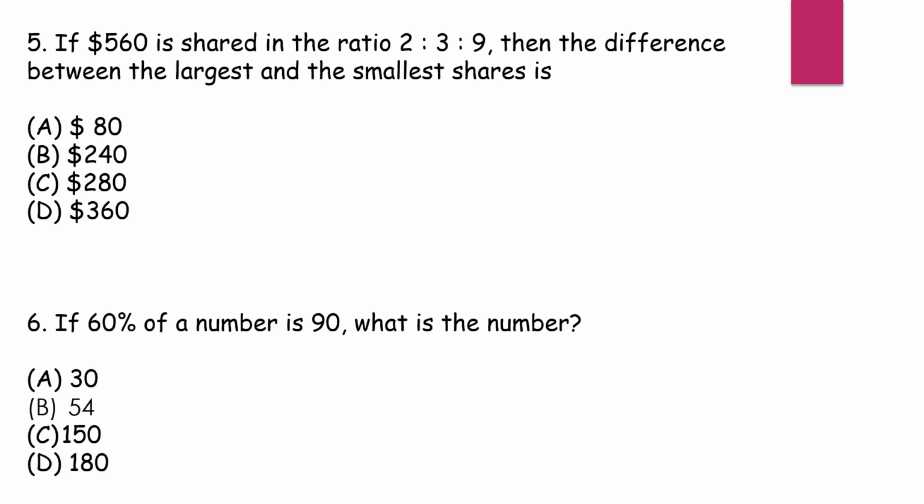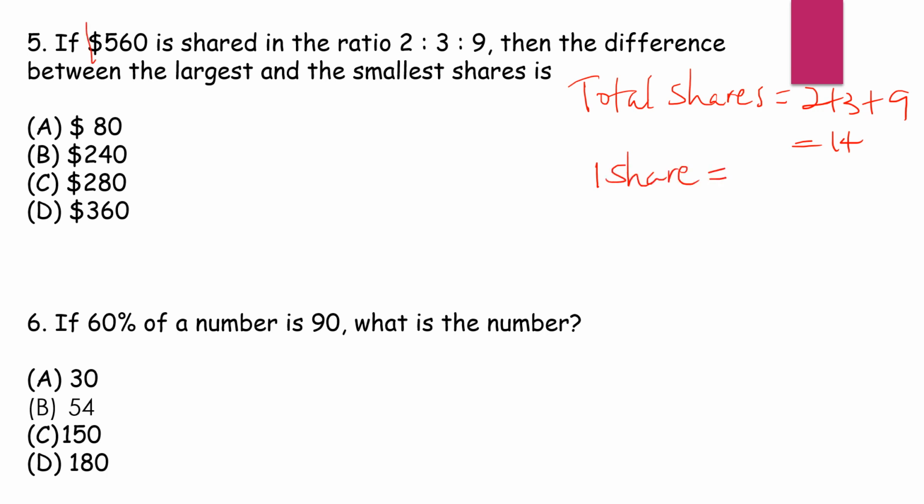Question 5. It says, if $560 is shared in the ratio of 2:3:9, then the difference between the largest and the smallest shares is. So we have to find the total shares, which is 2 plus 3 plus 9. That is 14. So then we want to find one share.